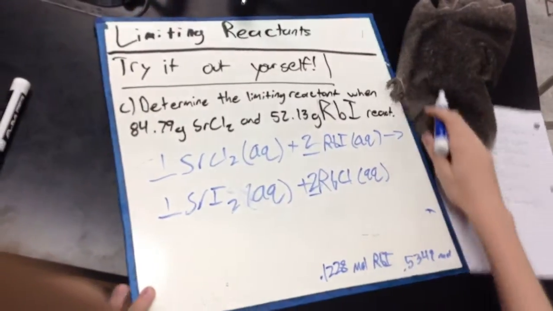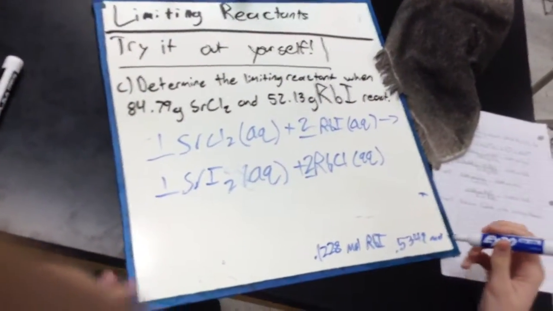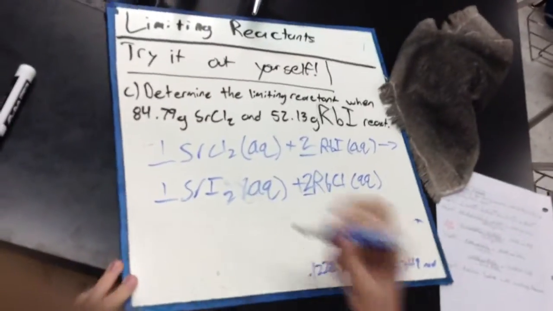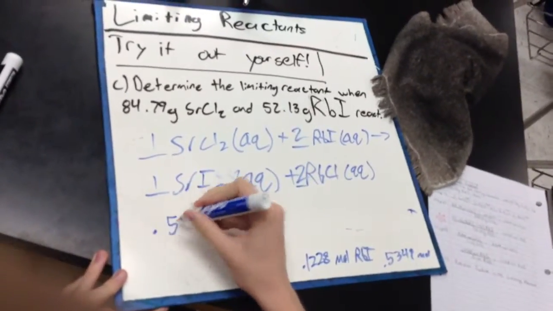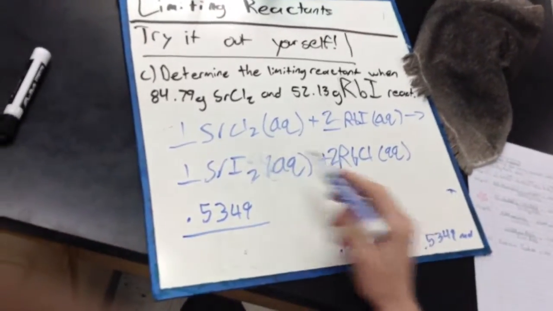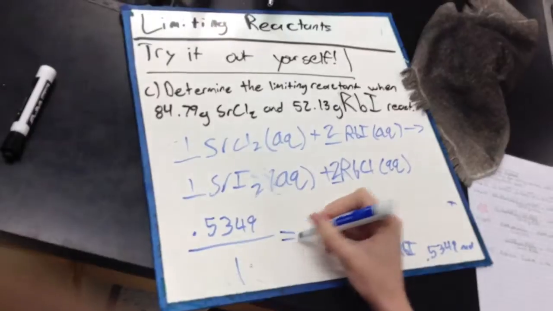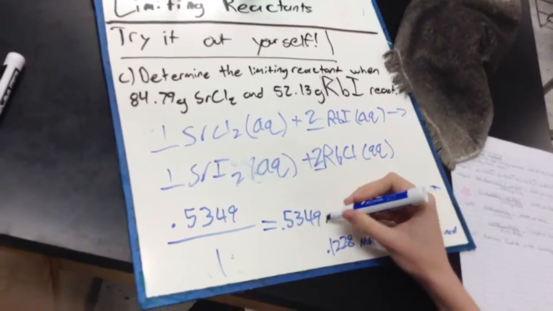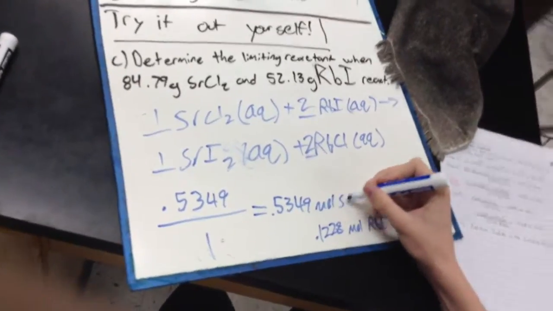So we take our determined mole value for strontium chloride, which we said was 0.5349 moles, and we divide that by its coefficient, which is 1, so we just get 0.5349 moles of strontium chloride.